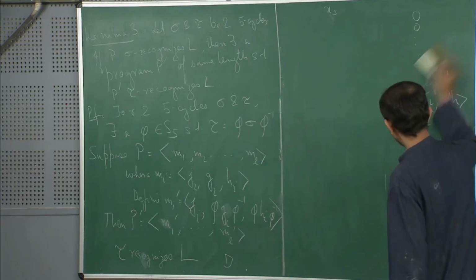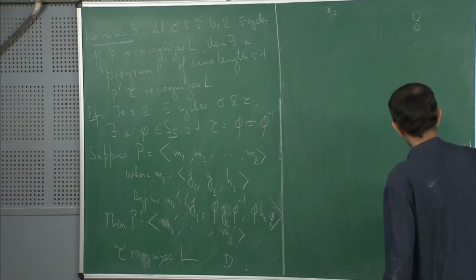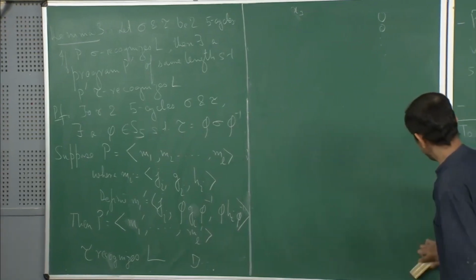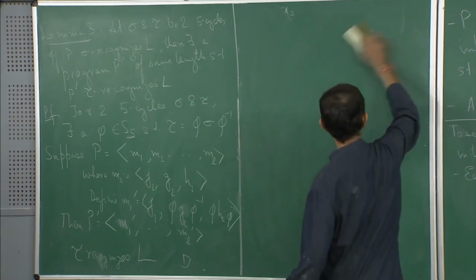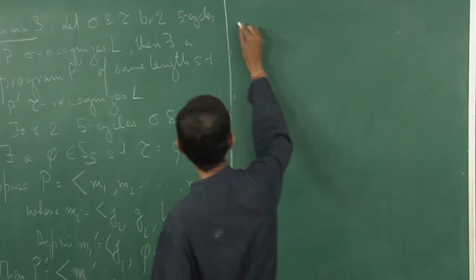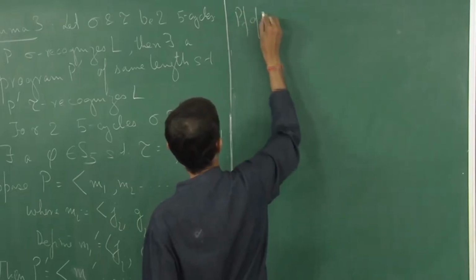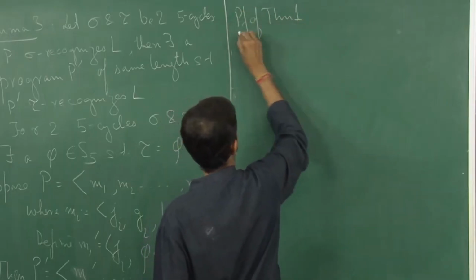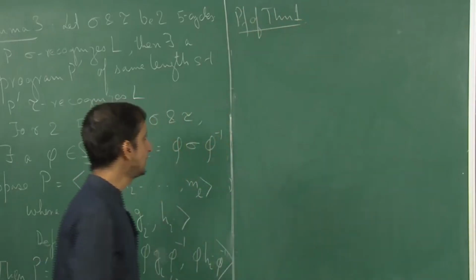So now we come to the main proof of Barrington, and that is also actually quite simple given these observations. Proof of theorem 1.